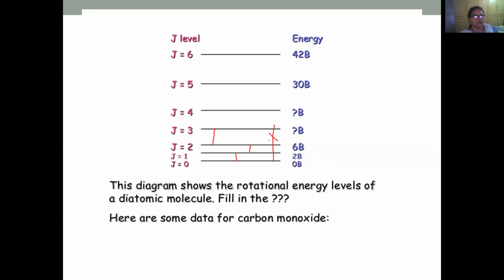So this won't occur. The selection rule says that it jumps from one energy level to the next. So this is about the rotational energy for a diatomic molecule, and how to derive it.